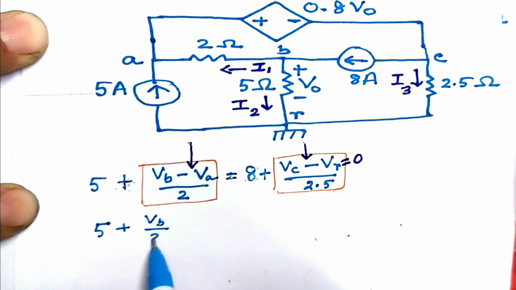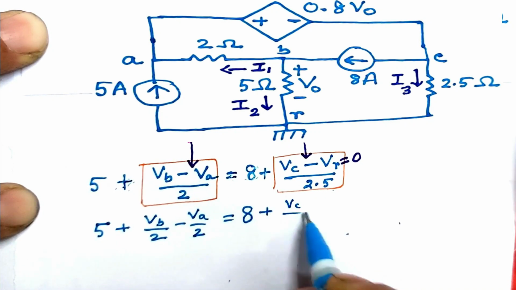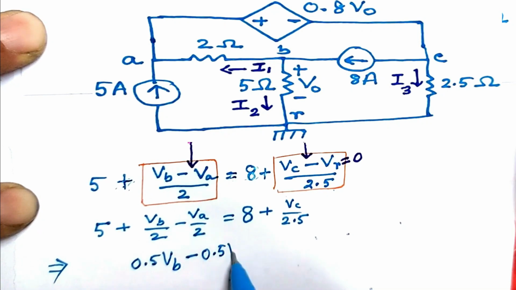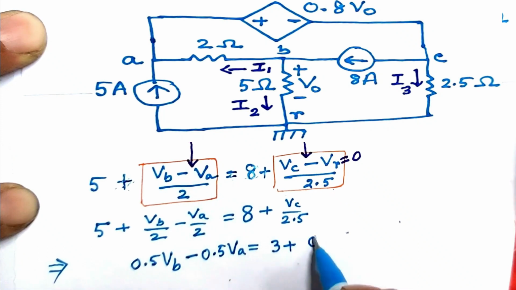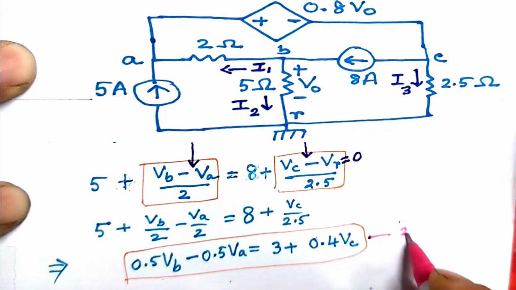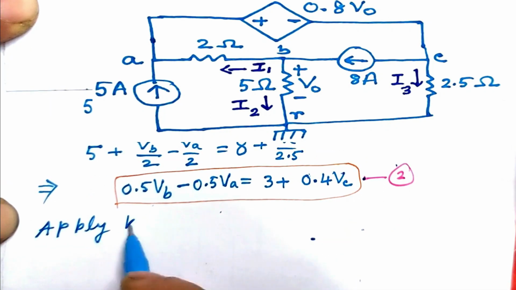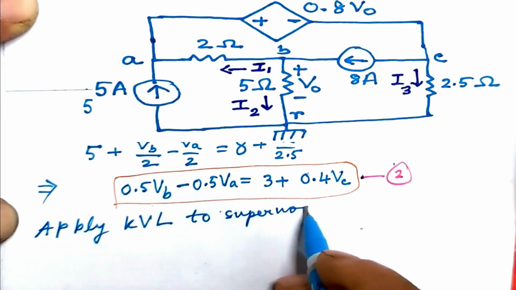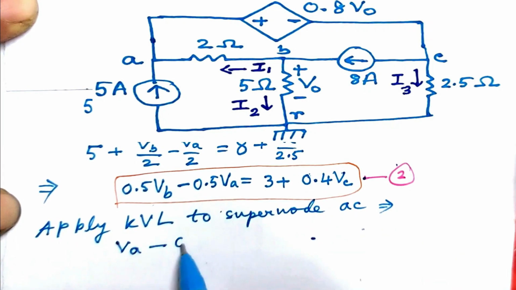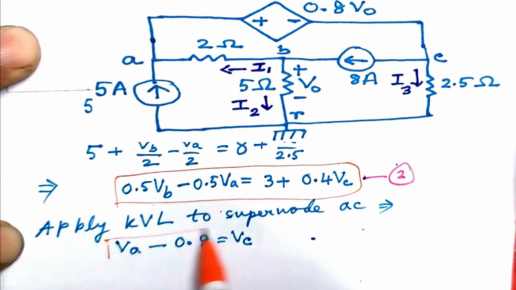Now we simplify to get 0.5 VB minus 0.5 VA equal to 3 plus 0.4 VC. This is equation 2, let us call it. Apply KVL to the supernode AC and we get VA minus 0.8 equal to VC.